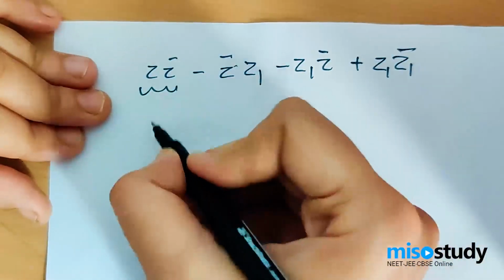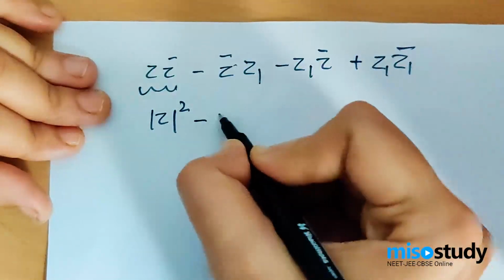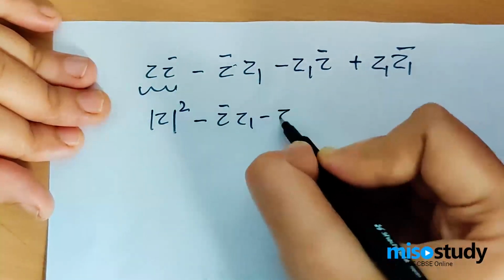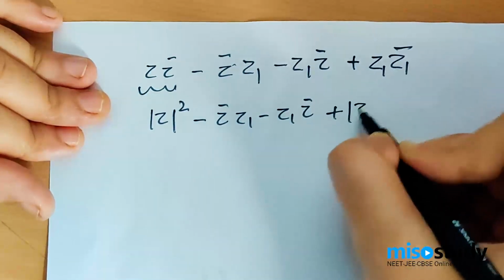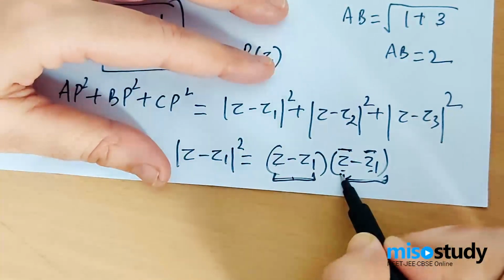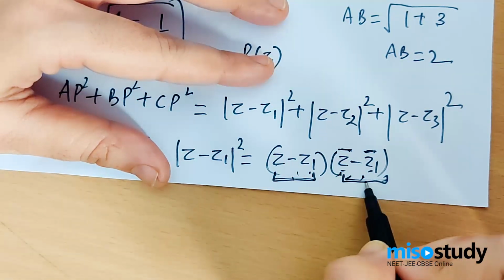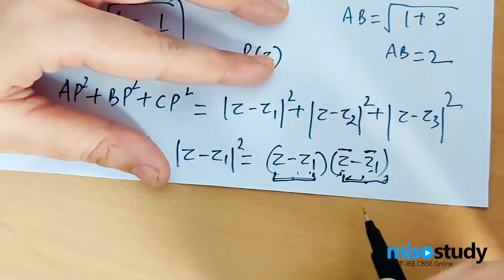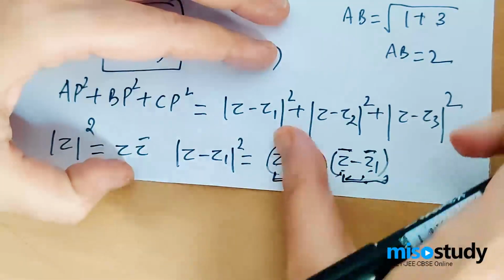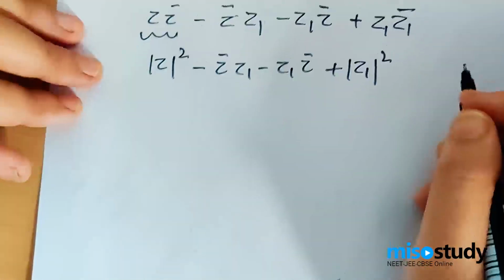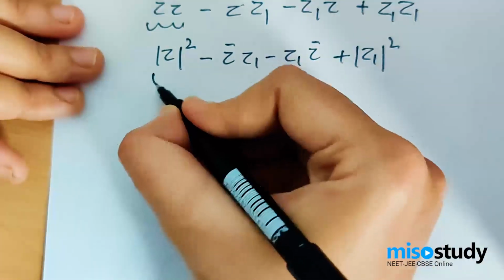Again using the same thing, it is mod Z square minus Z conjugate Z1 minus Z1 Z conjugate plus mod Z1 square. If you multiply them, you will find out that what I am saying is correct. Because Z1 Z1 conjugate is again mod Z1 square. So did you see how many times you have used the same property of Z Z conjugate as mod Z square?